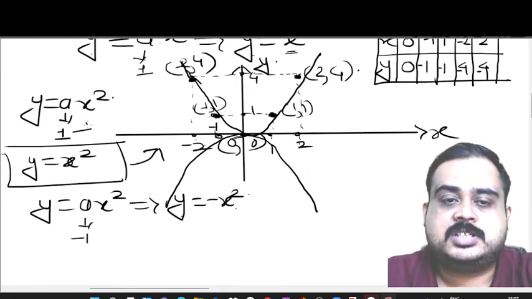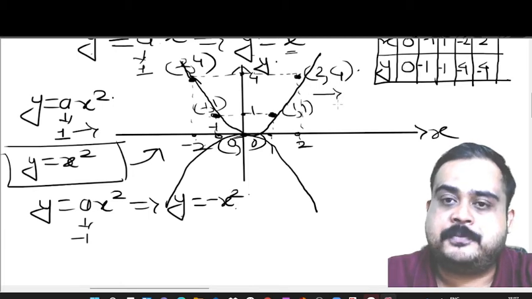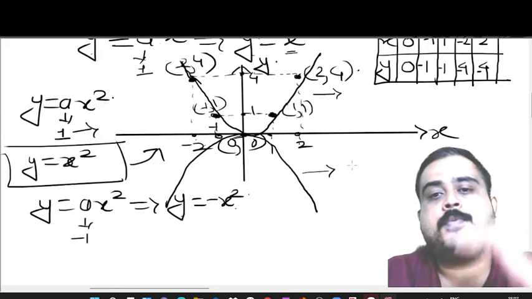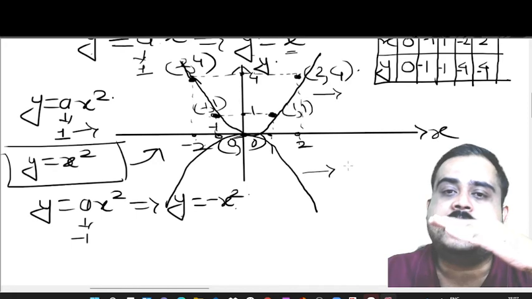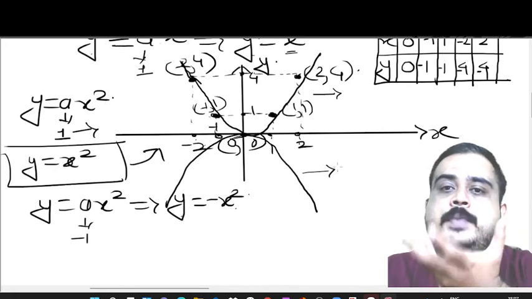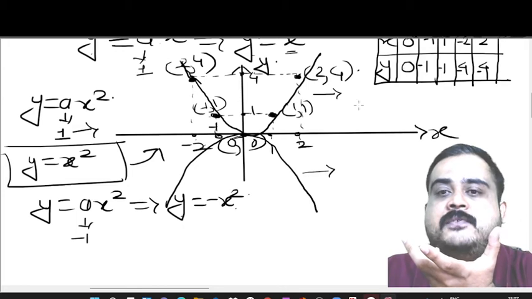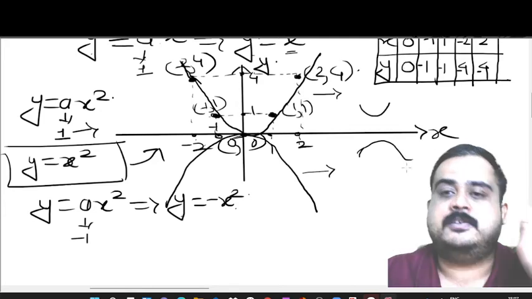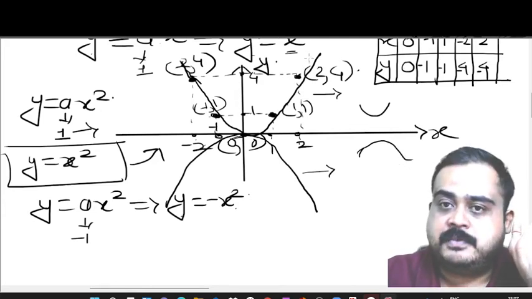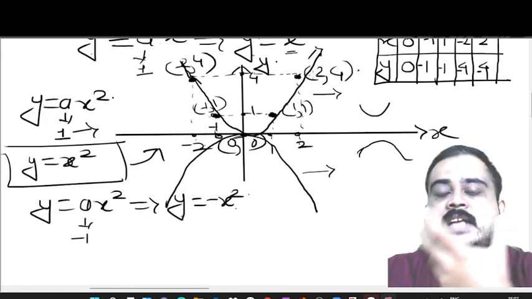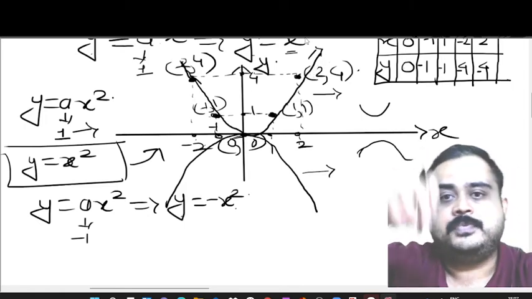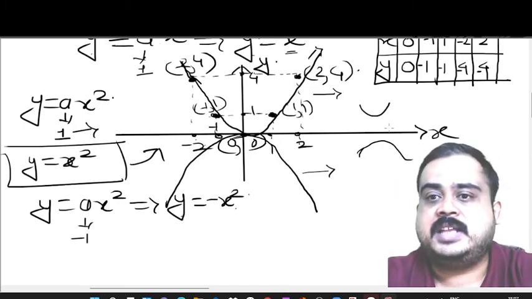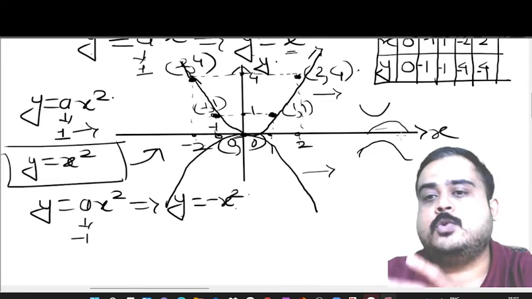When a was positive, this parabola was opening upwards, and when a is negative, this parabola is opening downwards. Now opening upwards and opening downwards doesn't mean above x-axis and below x-axis. Opening upwards means this vessel is kept like this, and opening downwards means this vessel is inverted. Fine. So this vessel is kept upright, it has opening upwards, you can pour anything from above.